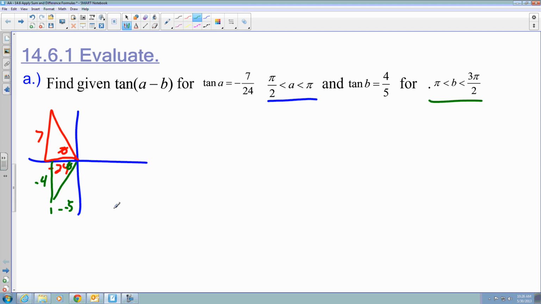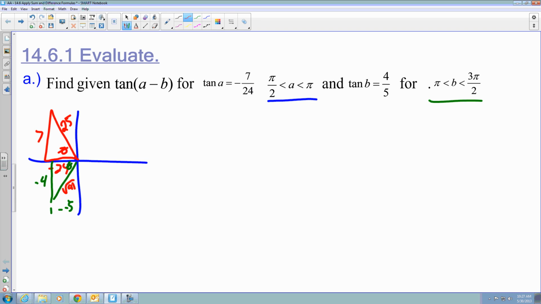So 24 squared plus 49 gives me 625, and the square root of 625 means that in this case the hypotenuse here would be 25, and in this case here my hypotenuse would be, what, 16 plus 25 equals what? Square root of 41. So that'll help you out when you're determining other ones that are not just tangent, with sine and cosine.